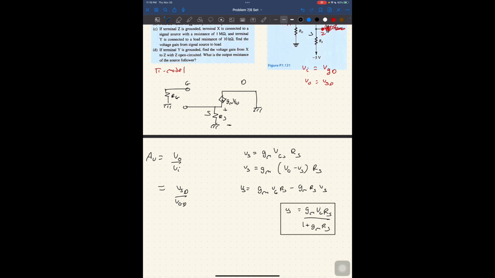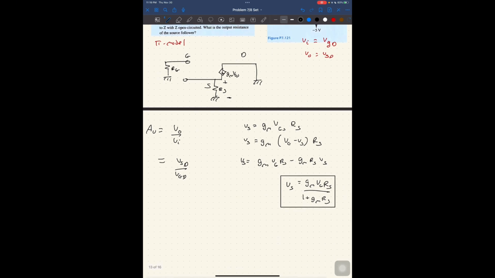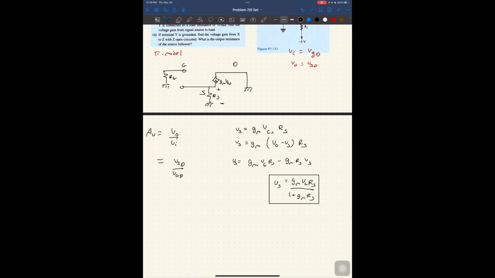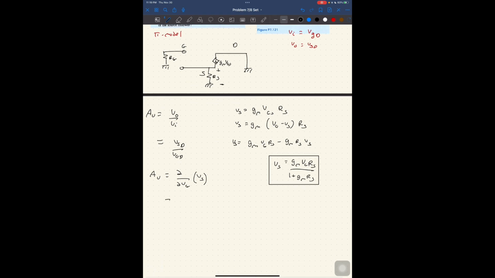Right? D is 0, and I'm trying to find AV, so it's with respect to VG, so AV is equal to dVS by dVG, which is going to be nothing but GM RS over 1 plus GM RS.